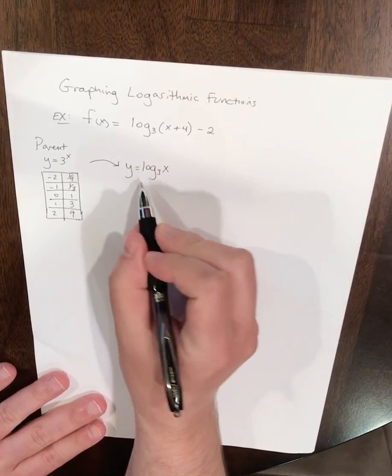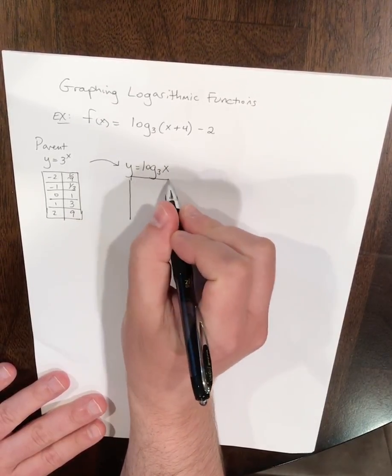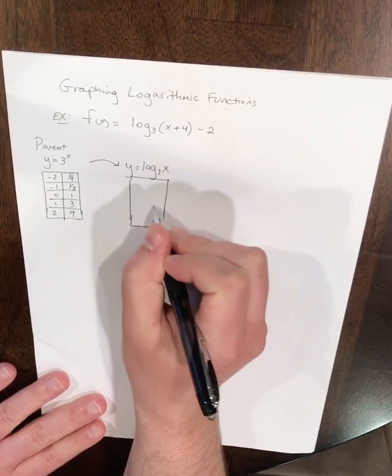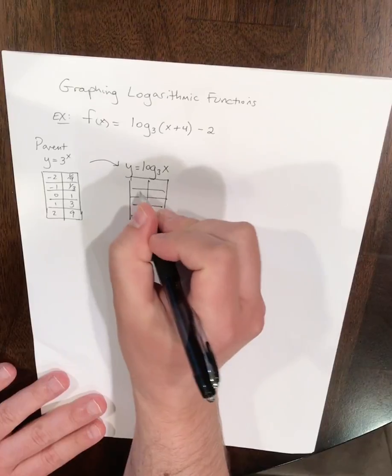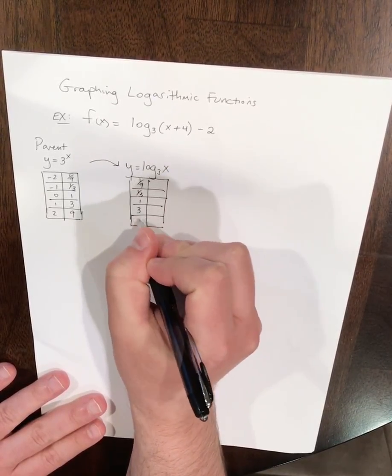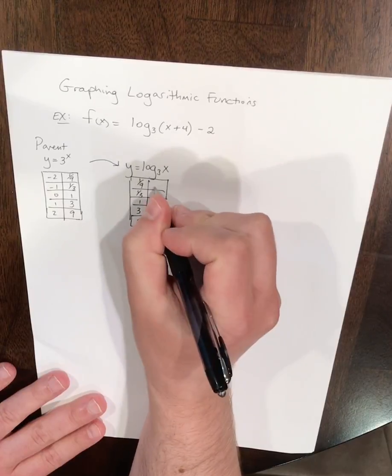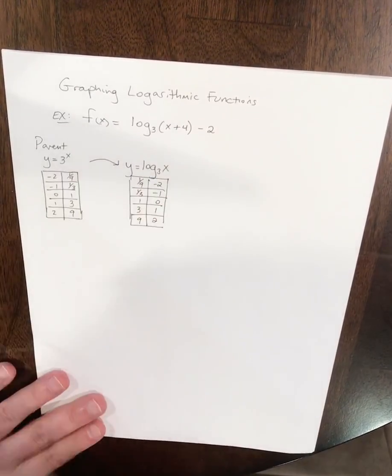And you're not actually substituting anything into this. You're just simply reversing the ordered pairs from the last table. So this would now be 1/9 here, 1/3, 1, 3, and 9. And over here, negative 2, negative 1, 0, 1, and 2.